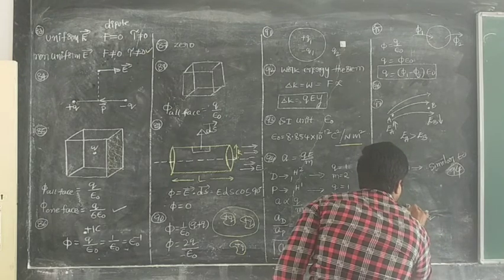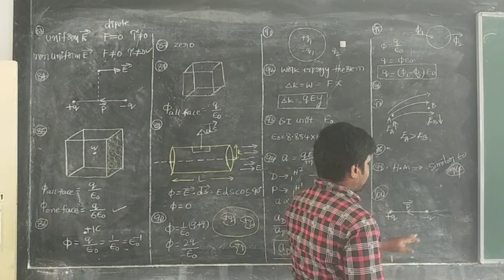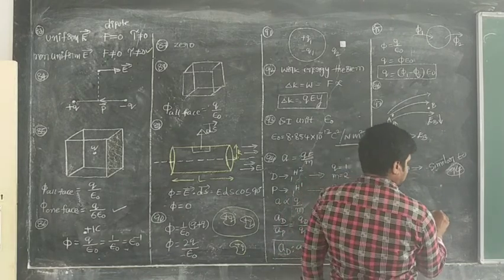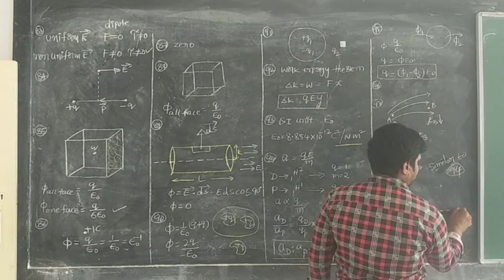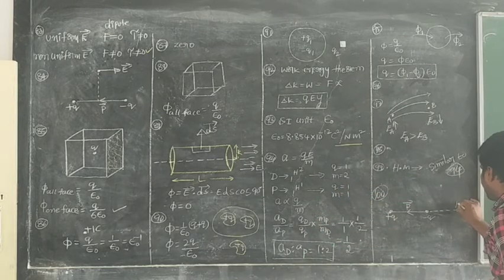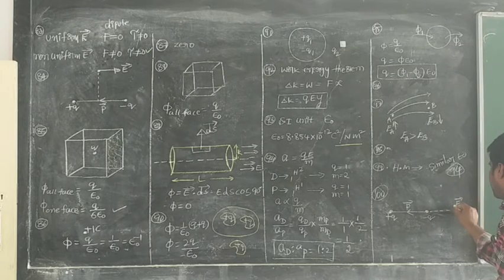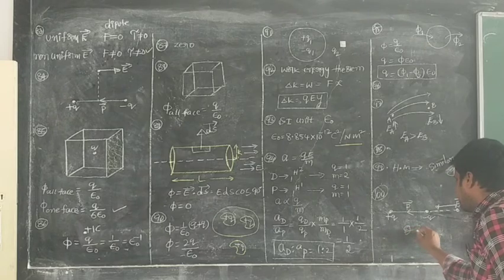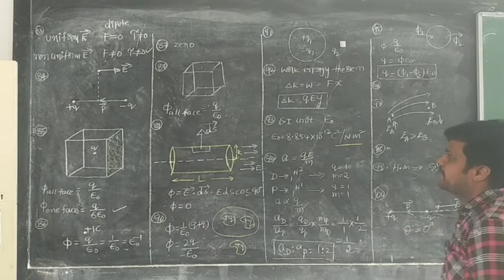The dipole moment is P bar, and its direction is from negative to positive charge. Now I am taking one dotted line, the axial line. At this point, the direction of the electric field is in this direction. So at stable equilibrium, the electric field direction and dipole moment direction are both the same. Both are the same means the angle between them is 0 degree.